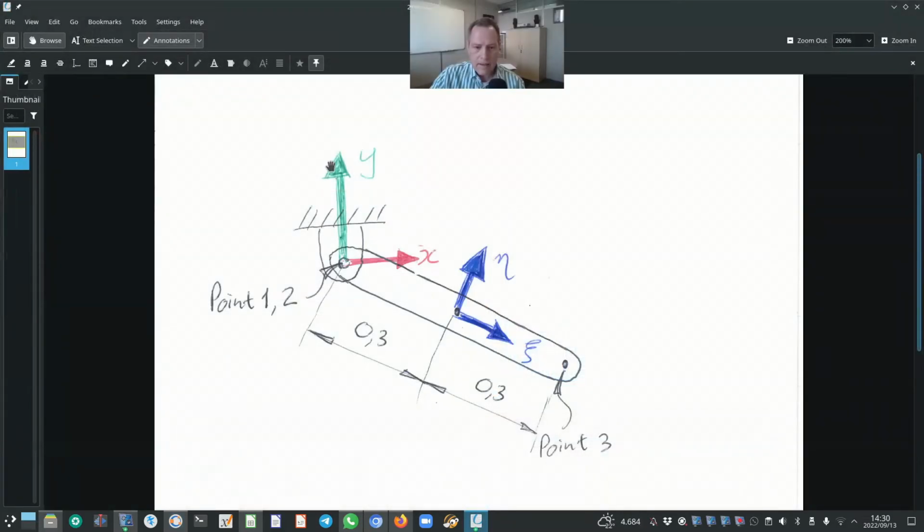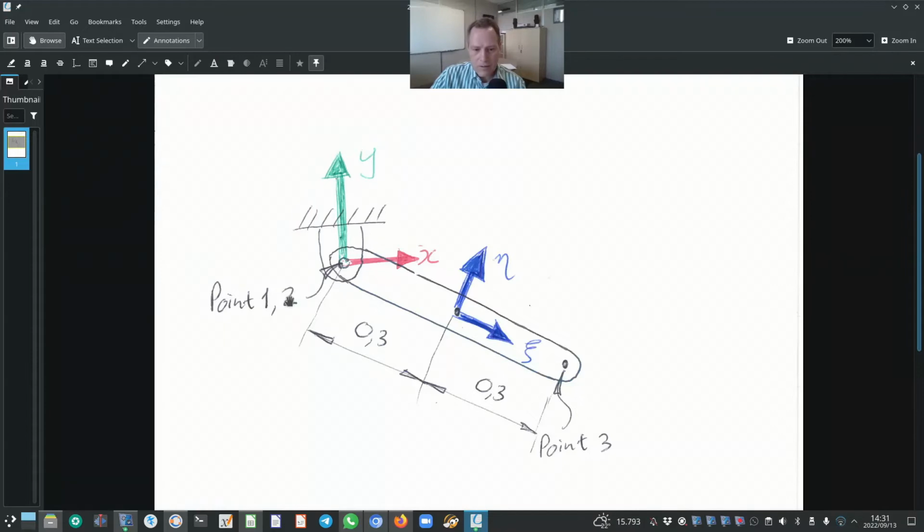Okay, and let me just quickly show that again. So for body 0, the global coordinate system coincides with the location of the pin joint. And as I said before, point 1, which is on ground, also coincides with that point. So it makes sense that the local coordinates in ground of point 1 is at coordinates 0, 0.